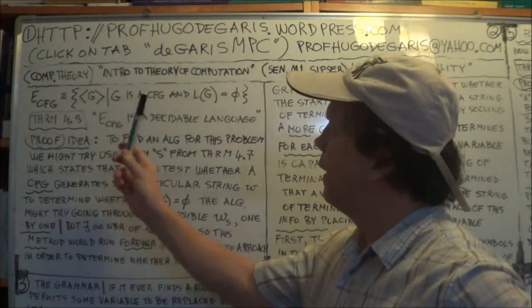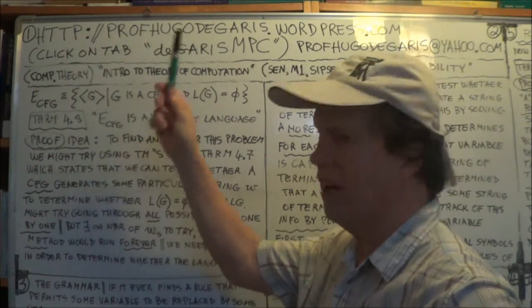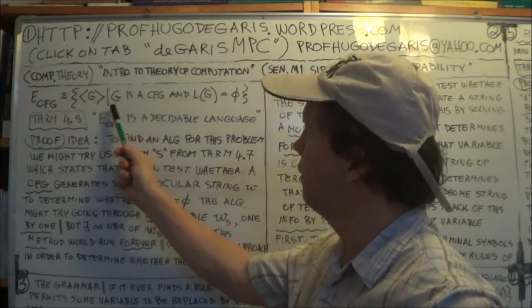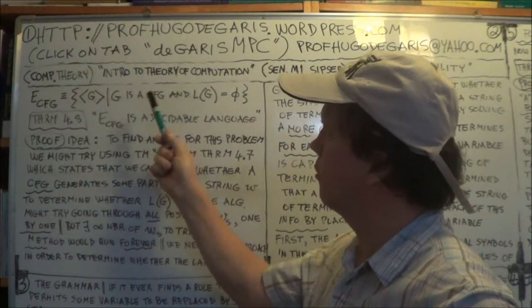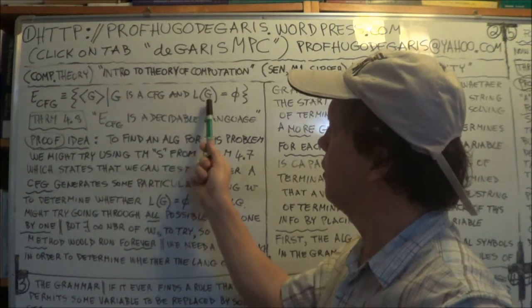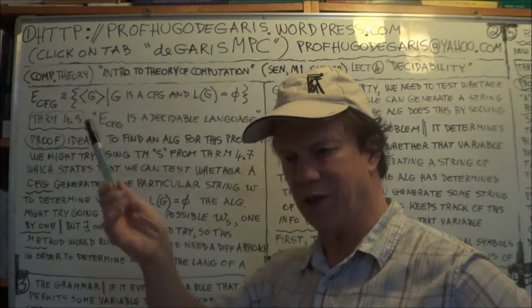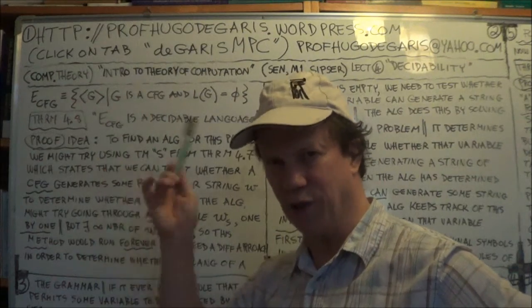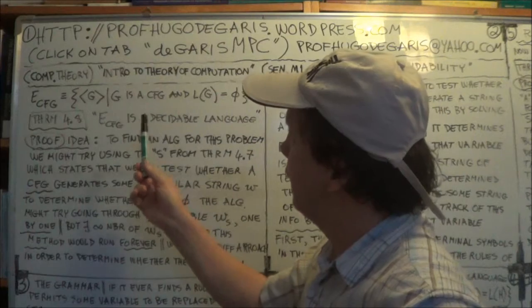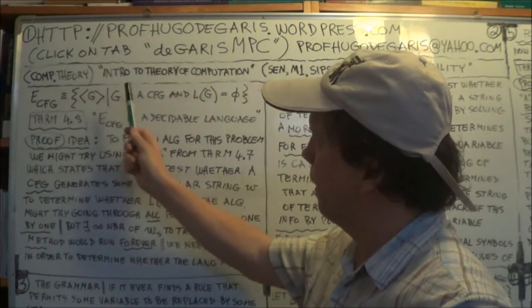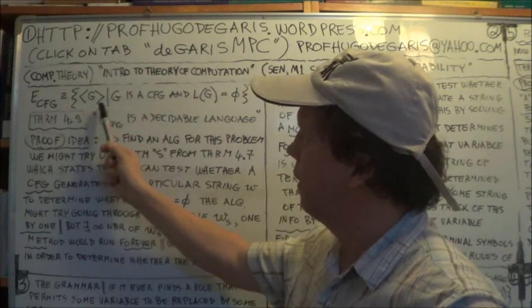Okay. So the question is, given any context-free grammar G, find an algorithm that can determine whether the language generated by that grammar is the empty set. In other words, that it just doesn't generate any strings at all. So create a language where all its members are of this form.